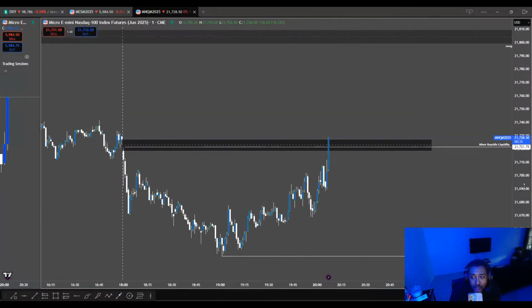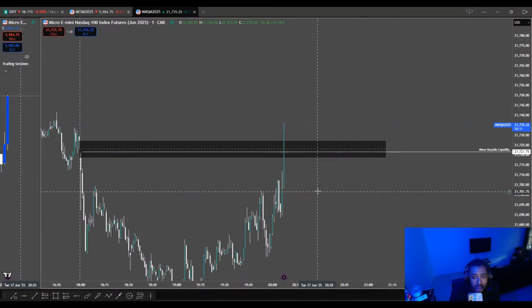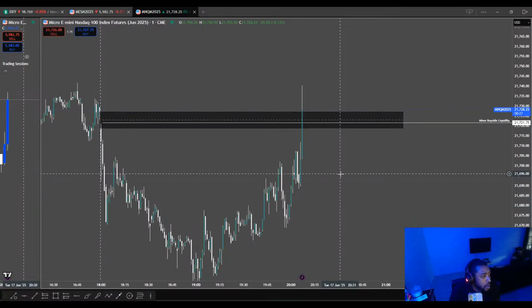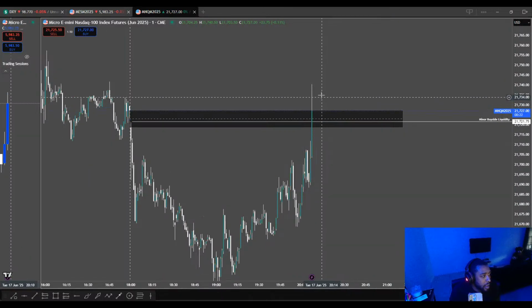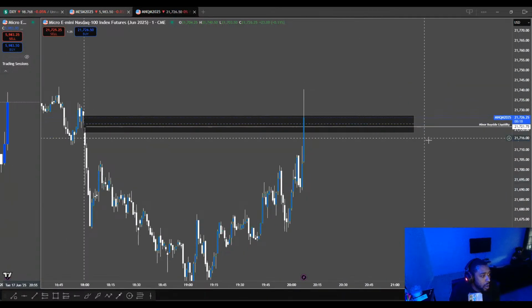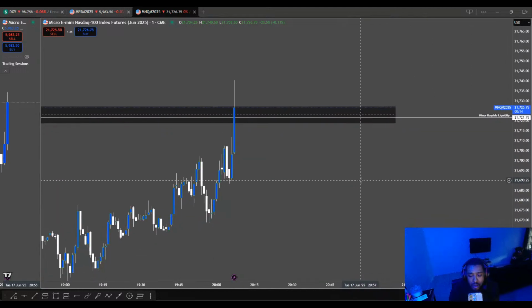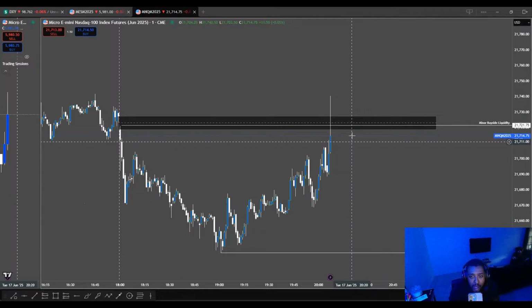Let's see if we get an aggressive move with nice displacement. See that displacement? That's a nice displacement. Now I'm expecting it to close. That's why they say the wicks do the damage, but the bodies tell the story.